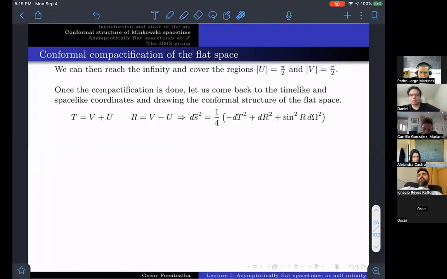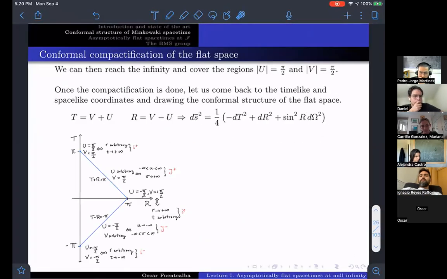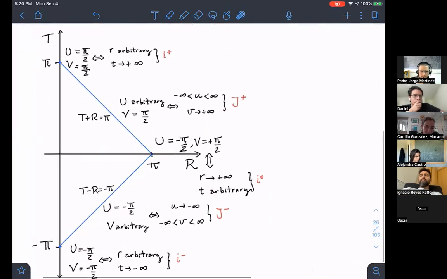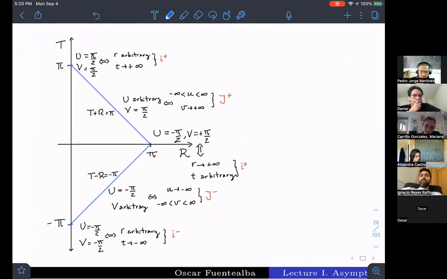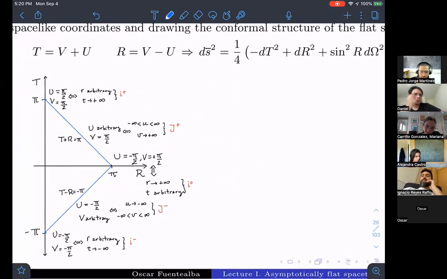Okay. So now we go to timelike and spacelike coordinates, and we will draw the conformal structure of flat spacetime. For that, we define these two coordinates here, T and R. I will try to show you a couple of things. So we had that u was t minus r and v was t plus r.